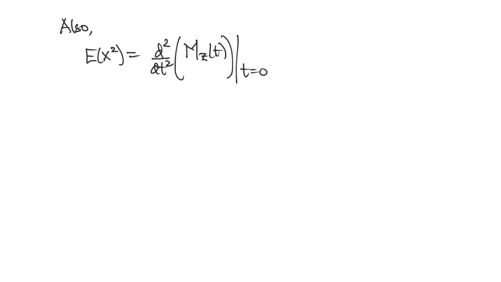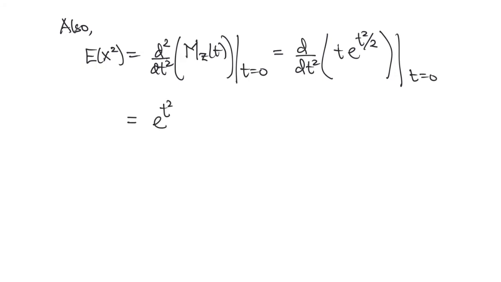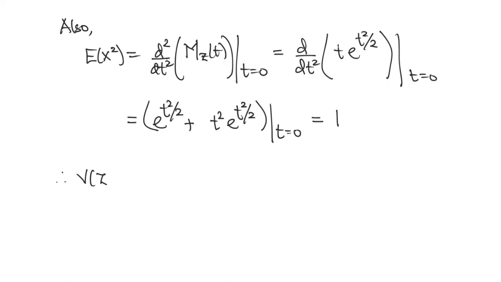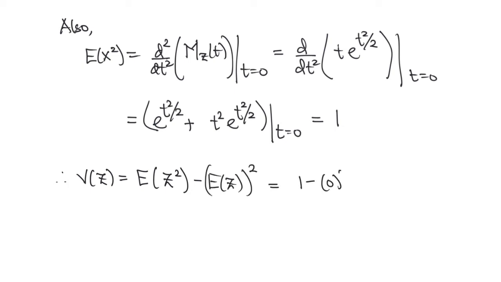Also, you can calculate the expected value of Z squared, which is going to be the moment generating function differentiated twice and then evaluated at t equals 0. Following through with this calculation, we notice that the variance will end up being equal to 1, which is again what we expect.